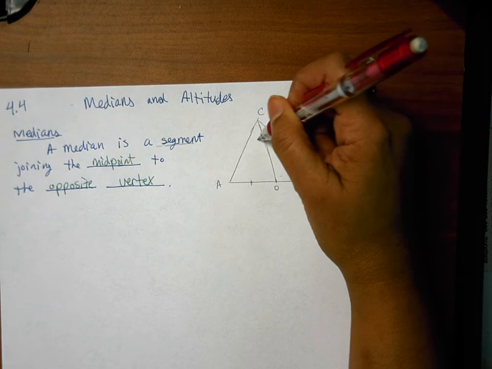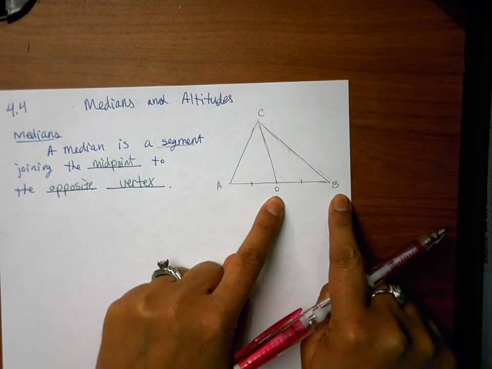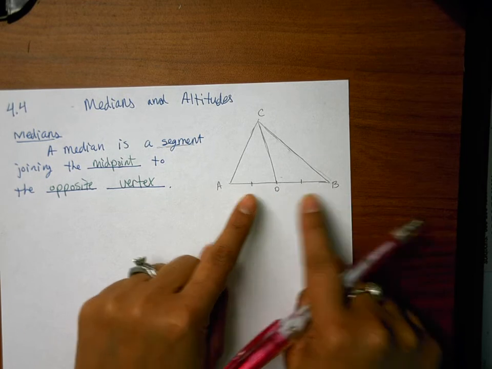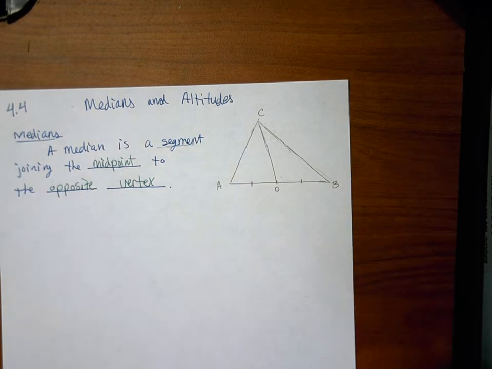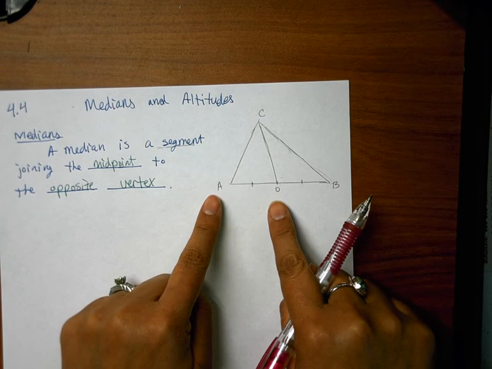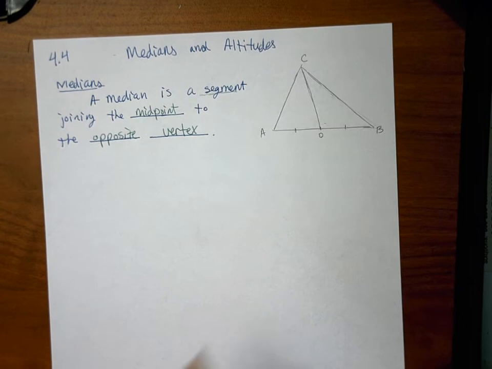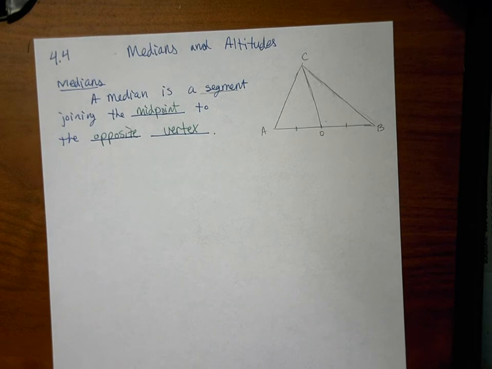These two segments are. It doesn't bisect this angle. The only things congruent are AD and BD. Again, on special triangles, other special things happen, but for the general triangle, the only thing that happens with the median is AD will equal BD, and it connects to the opposite vertex.